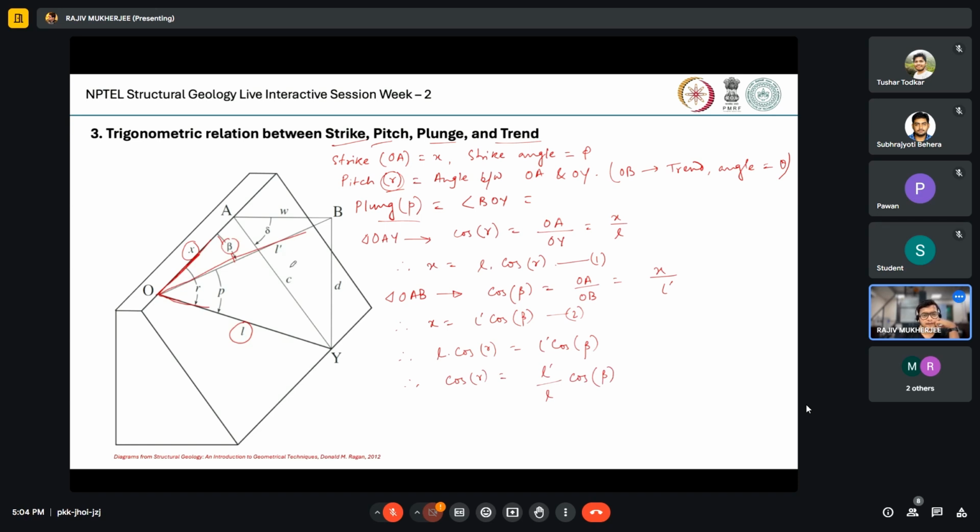Now, L prime by L means we will be involving the triangle OBY, right? If we consider the angle plunge, then cosine of plunge will involve OB and OY, right? So for triangle OBY, cosine of the plunge will be OB by OY, and that is L prime by L, right?